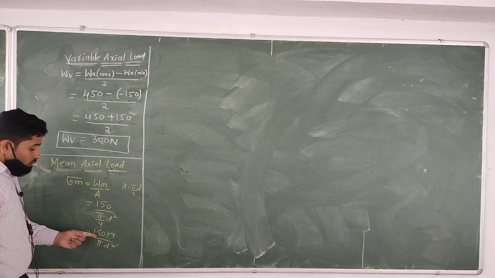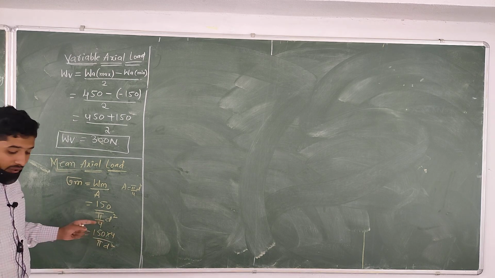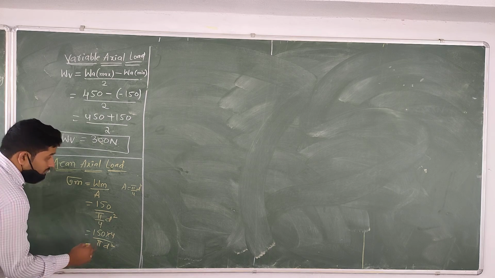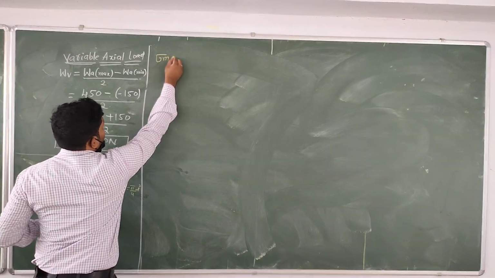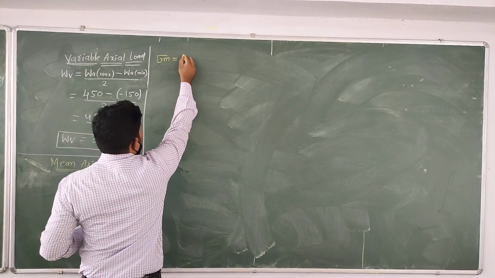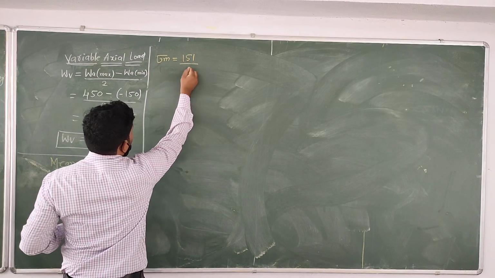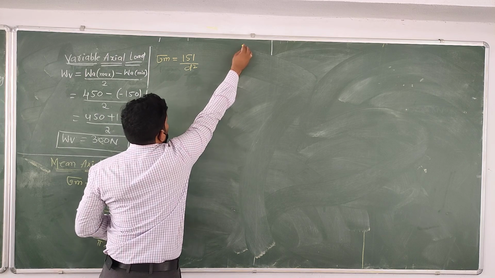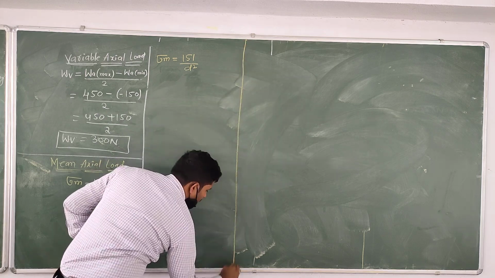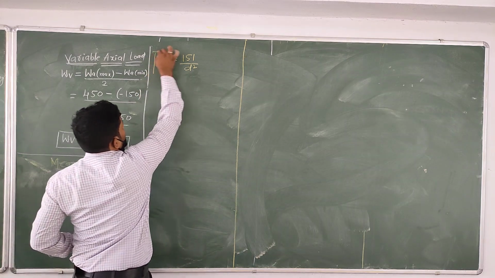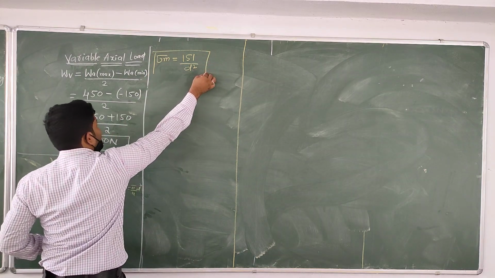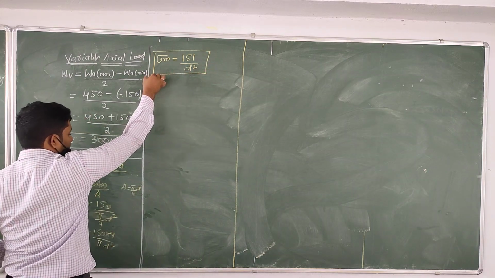If you calculate 150 into 4 by pi, then you will get the value of the mean stress sigma m equal to 191 by d square. Okay dear, then we got the value of the mean axial stress.